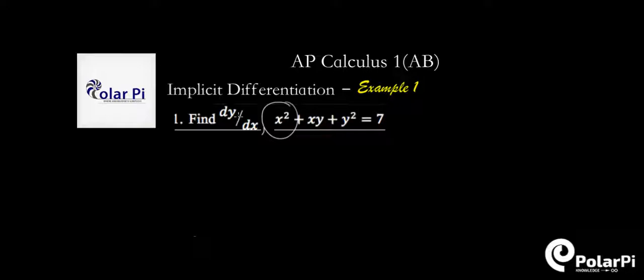So for x squared, we'll write 2x. But when you take the derivative of something involving y, you take the derivative as usual, so we write 2y, but then immediately upon writing 2y, we also have to multiply by dy dx. So every time you take the derivative of something that has a y in it, you must remember to take the derivative as usual and then multiply by dy dx.